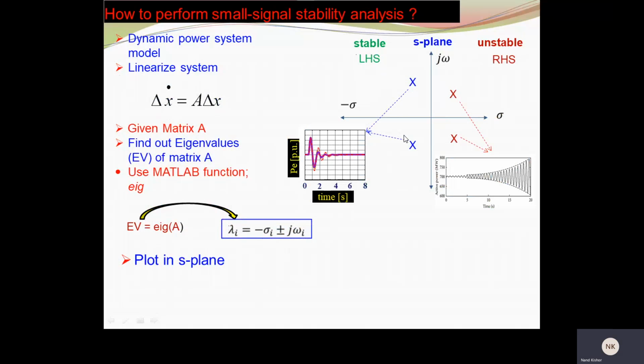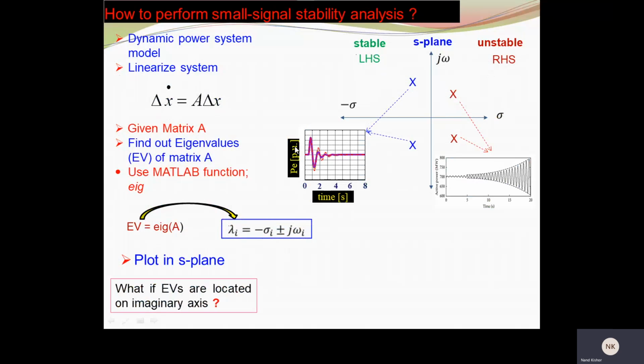However, if the eigenvalues are on the right-hand side of the S-plane, we observe that in the time domain response, if I consider the variation of active power here, it will be of increasing amplitude oscillations. Yes, and we can see that in this case, there is an exponential increase in the amplitude of oscillations here. And thus, the system will be of unstable nature here.